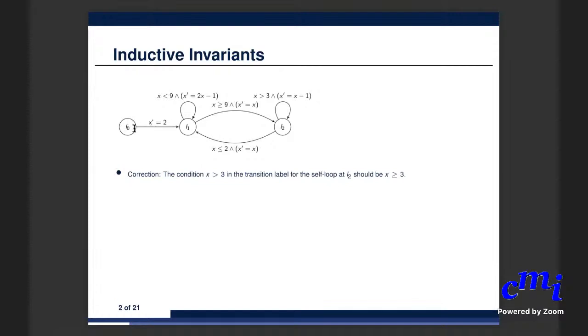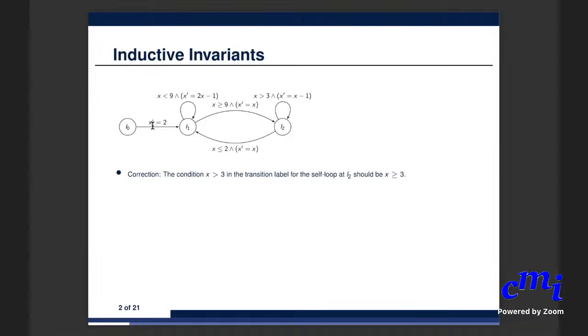So at location L0, there is initialization of the variable x to 2. The prime here denotes the value of the post variable, the value that it takes after the assignment.